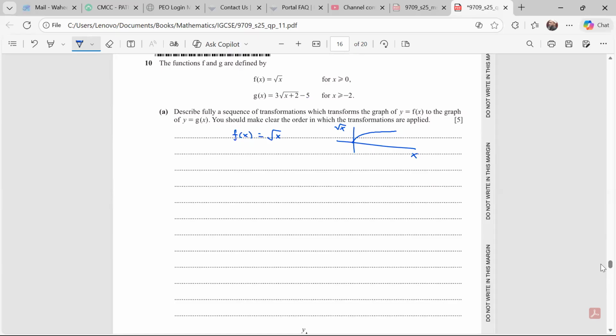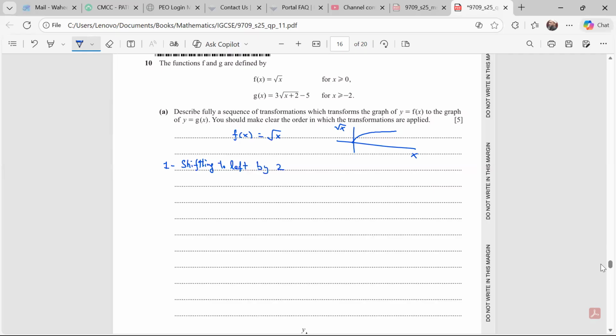Now, what kind of transformation will convert f of x into g of x? The first transformation is shifting to the left by 2 units.